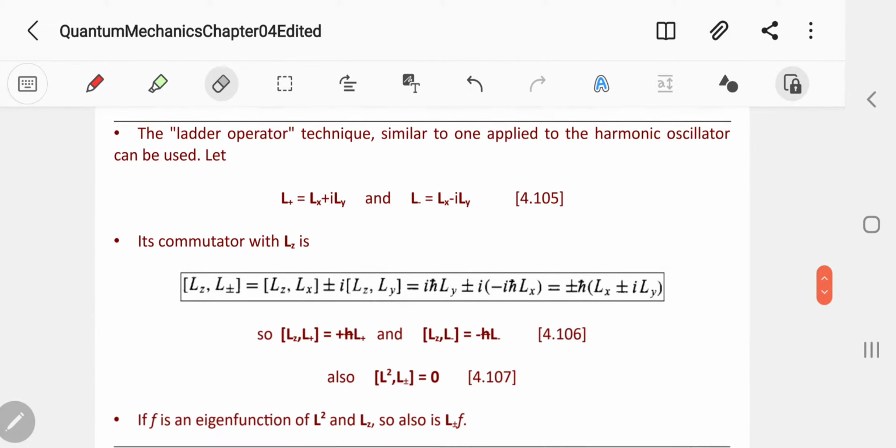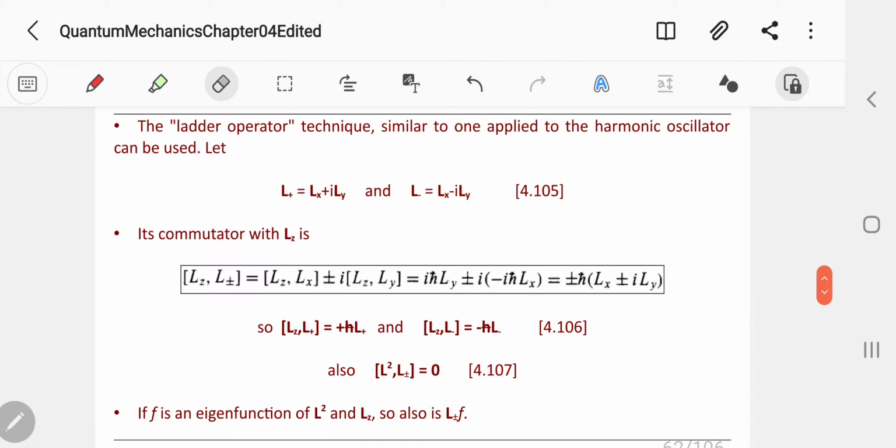Let's take a look at the ladder operator technique on the angular momentum, which is what we used in solving the harmonic oscillator in chapter 2. We define the raising and the lowering operator. L plus is defined as Lx plus i Ly, and L minus is defined as Lx minus i Ly.